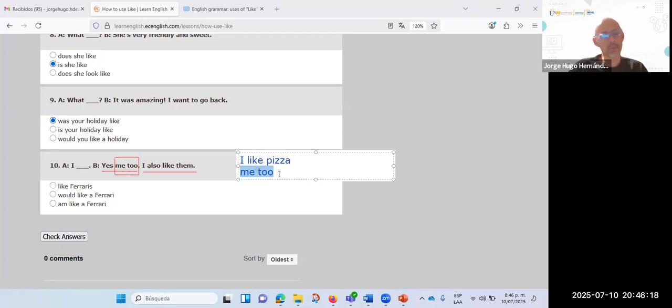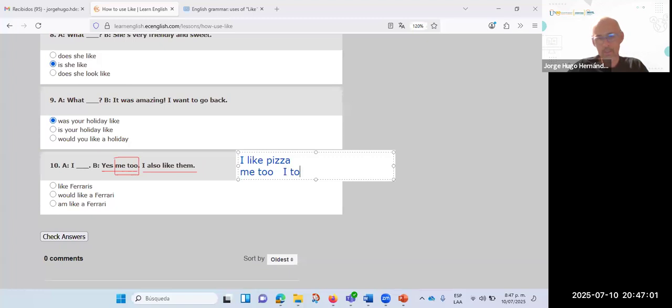Yo también. Me too. This type of expression you have to learn. For example, if you didn't know how to say yo también in English, you have to write this expression in order for you to learn, okay? En algunos casos debemos aprendernos expresiones como estas y escribirlas y repetirlas, ¿cierto? Para que se nos queden ya en el subconsciente, ¿no? Porque cuando vamos a hacer una traducción, si no sabemos cómo decir yo también, obviamente you are not going to say me too.